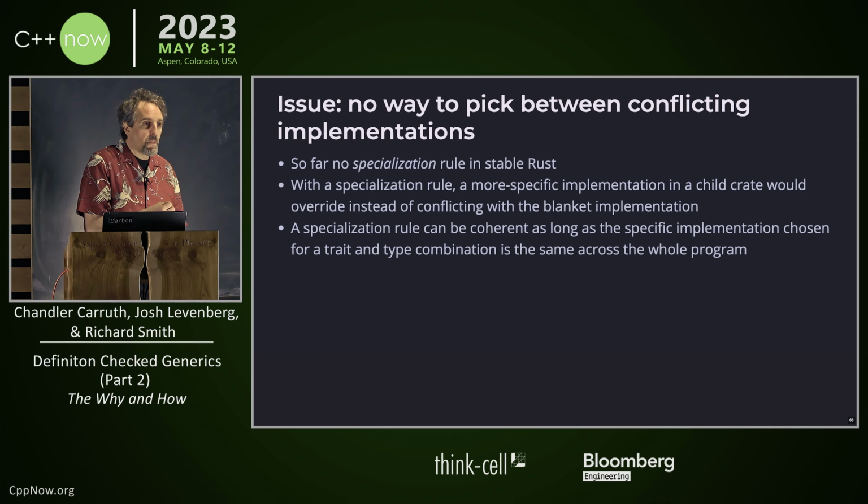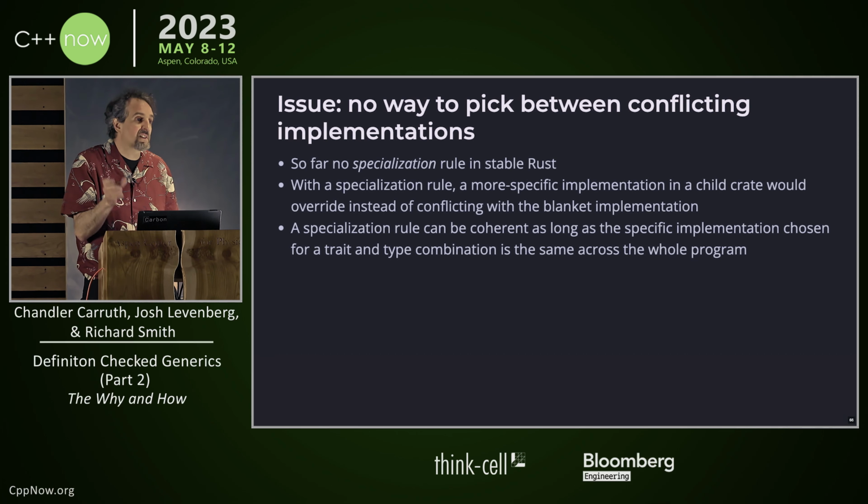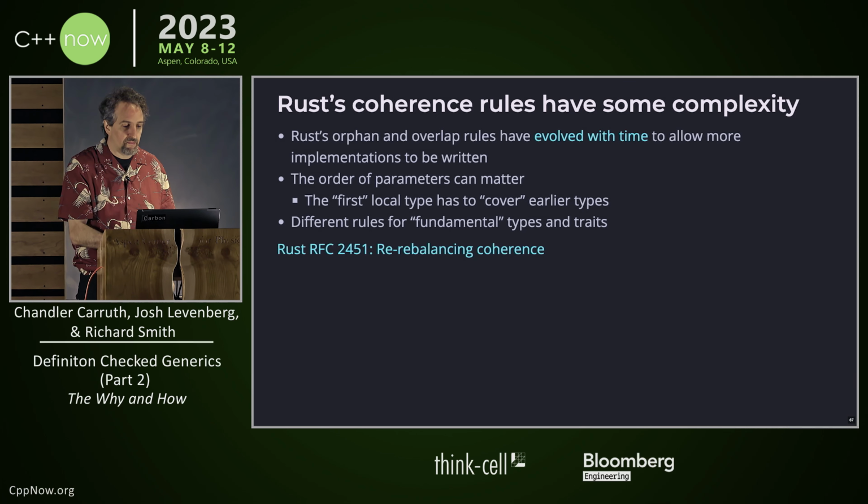But there's no specialization rule that's made it into stable Rust, as that point's been made. If we did have a specialization rule, we would avoid reporting an error and would be able to resolve these conflicts. And these kinds of rules can be coherent as long as any implementation query gets a consistent answer across the program.